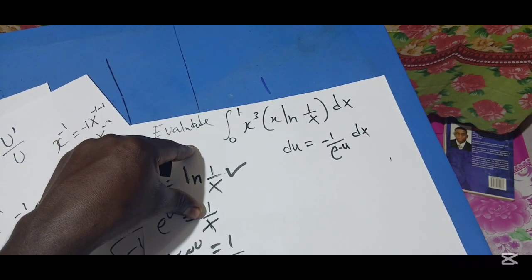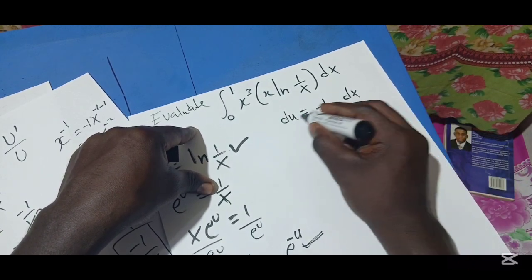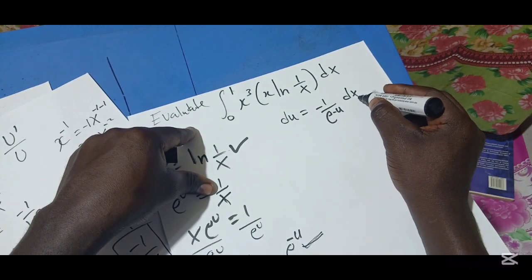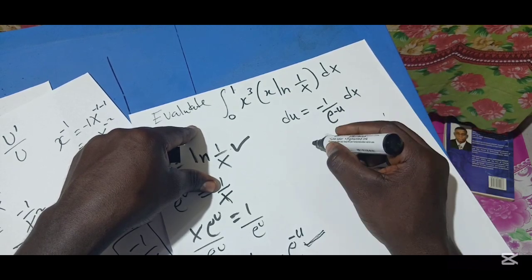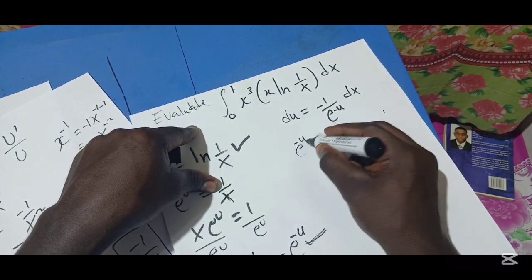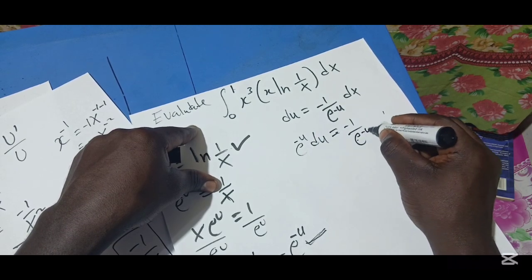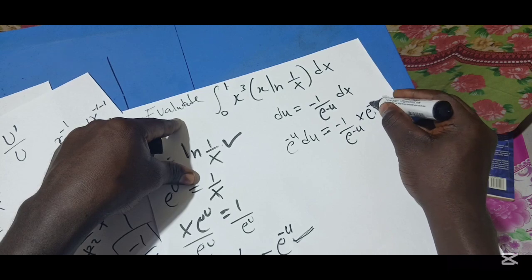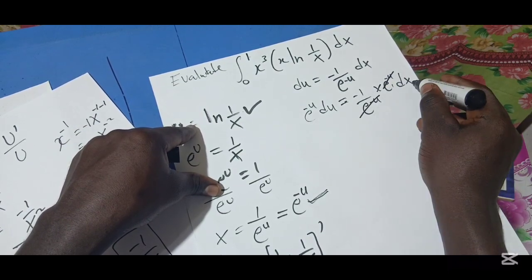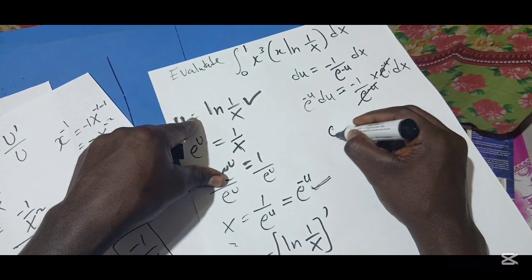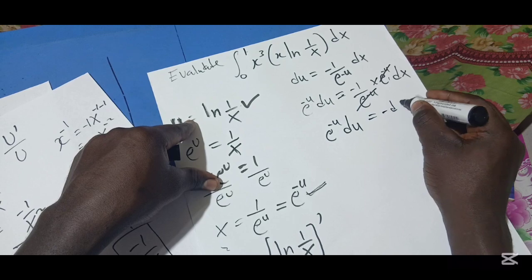So we can go ahead and multiply through by e to the power negative u, on both sides. The e to the power negative u will cancel the one here, remaining minus 1 dx. So we are going to get e to the power negative u du equal negative dx.